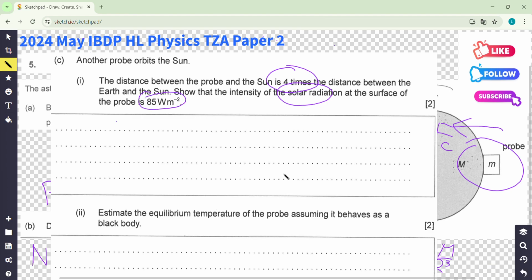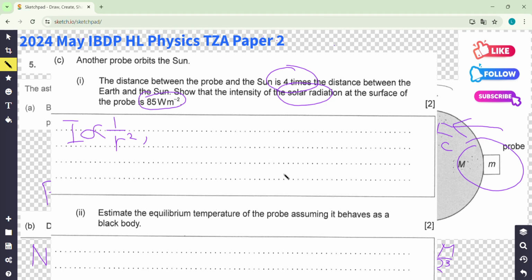First of all, you have to remember this kind of intensity drops with 1 over r squared, right? So now it is 4 times, so 1 over 4 squared, less than the solar radiation on the Earth.